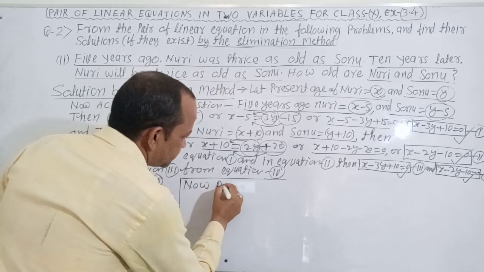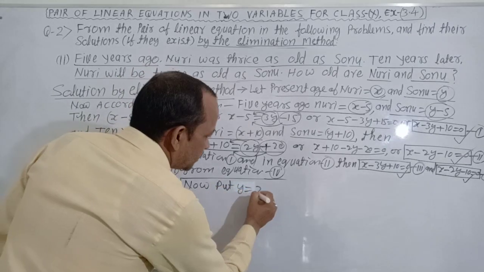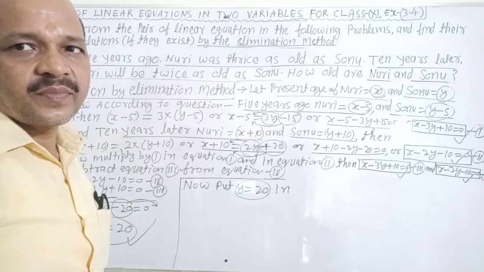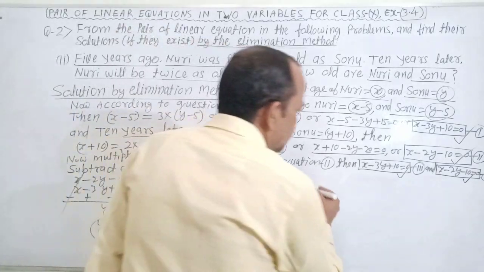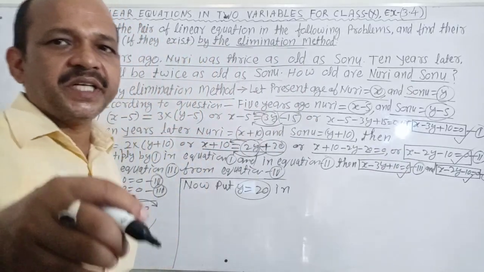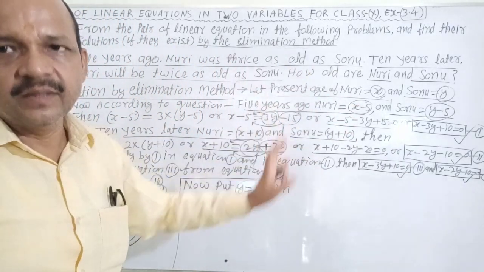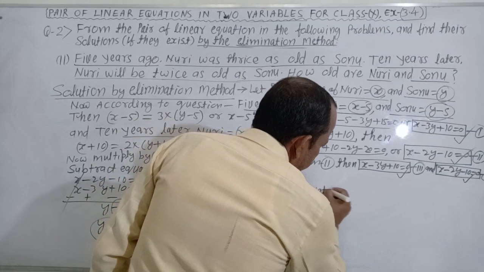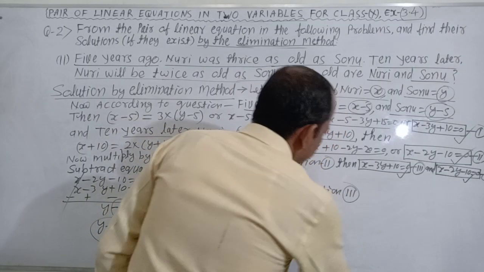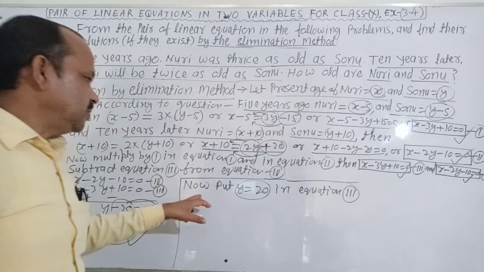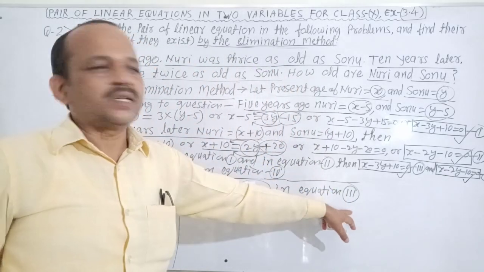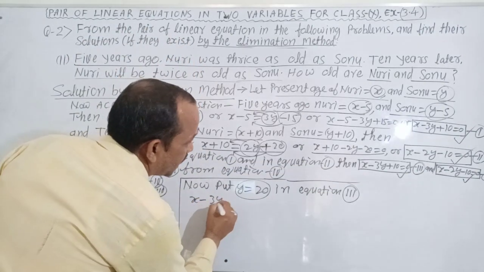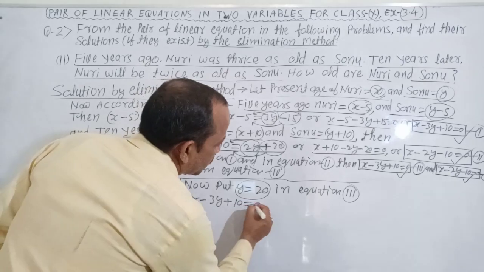Now put y equal to 20 in equation third or 4. You can put it in equation third or equation 4. Clear? Put y equal to 20 in equation third. Equation third is x minus 3y plus 10 equal to 0.